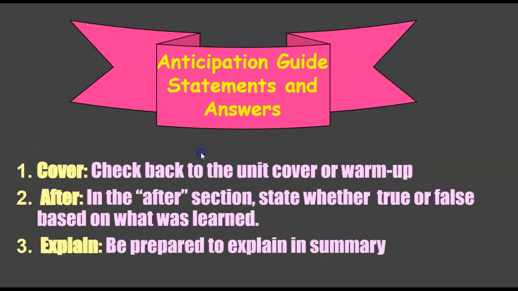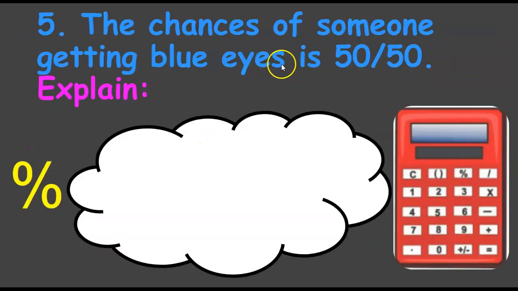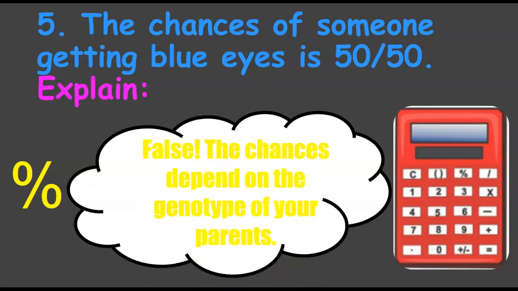All right, let's go back to the anticipation guide. This is a little bit tricky. Number 5, chances of someone, anyone, everyone getting blue eyes is 50-50. This is going to be false because it's based solely on the genotypes of your parents. It's not saying everybody has this chance.